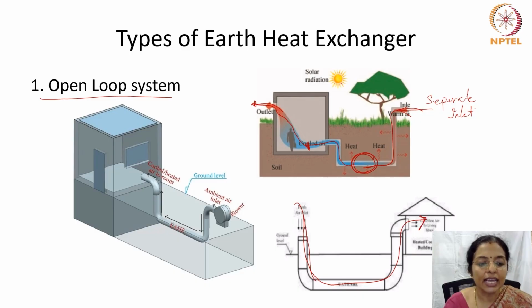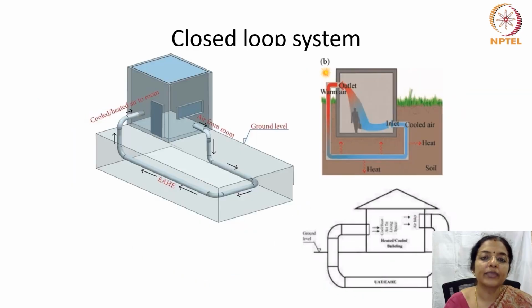Whereas if we look at the closed loop system, in a closed loop approach the air is distributed frequently into the room through the underground pipes, and no air is exchanged with the outdoor air in this system.